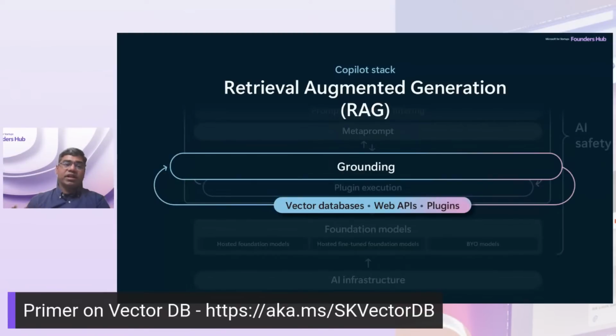For example, weather could be an attribute at a certain time of the year. So you use these vector databases to pull out information, and using this information, you augment the output that is generated by the Copilot stack, right? So that is why retrieval augmented generation, or RAG as it's called, is a very important concept, because it extends beyond the training of your LLM.